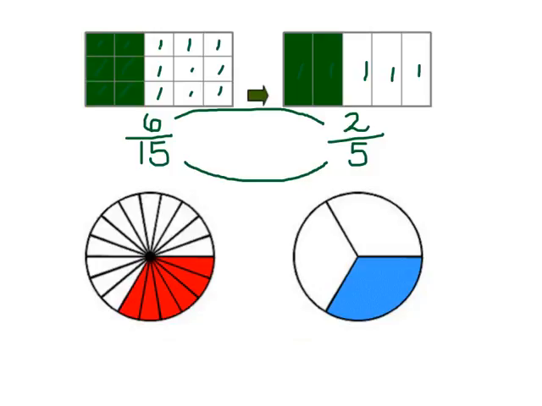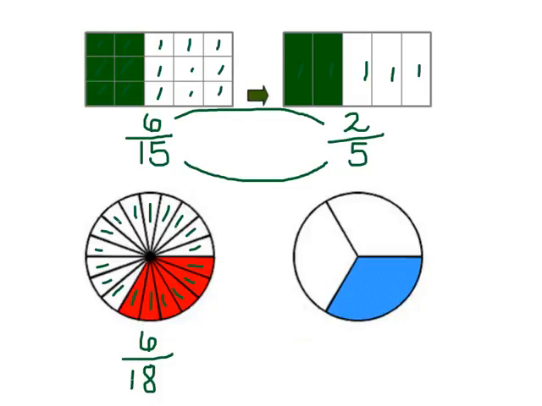So let's look at these circles down here. I have shaded in 6 out of 1, 2, 3, 4, 5, 6, 7, 8, 9, 10, 11, 12, 13, 14, 15, 16, 17, 18. So I have 6 18ths.